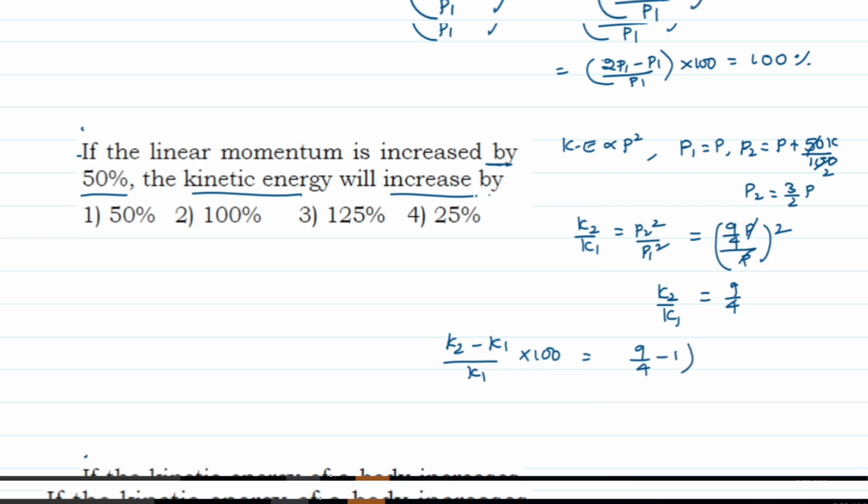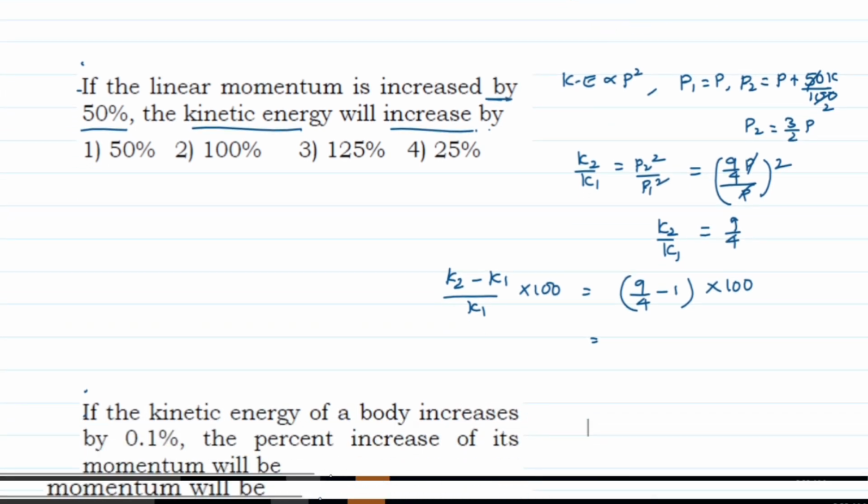So here you can write it as 9 by 4 minus 1 into 100, which is nothing but 9 minus 4, it will be 5, 5 by 4 into 100. 5 by 4 into 100, 125 percent is the right answer.